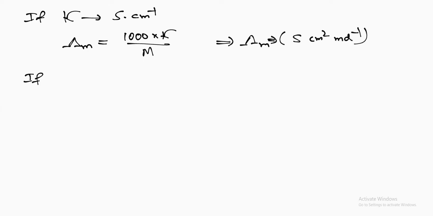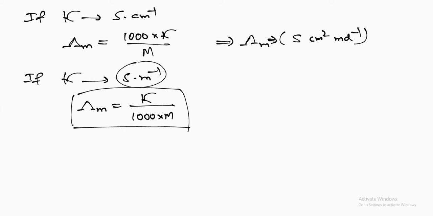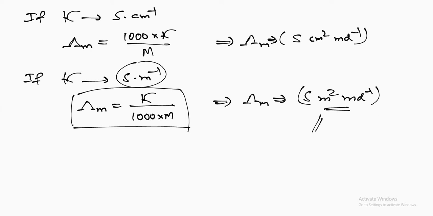Sometimes in the examination they'll give kappa in Siemens meter inverse. If kappa is given in Siemens meter inverse, then molar conductance should be calculated using the formula kappa by 1000 into molarity. So the unit of molar conductance in this case is Siemens meter square per mole. And this is the SI unit. You know very well, this is the SI unit.